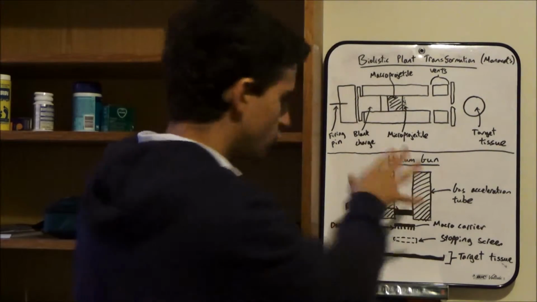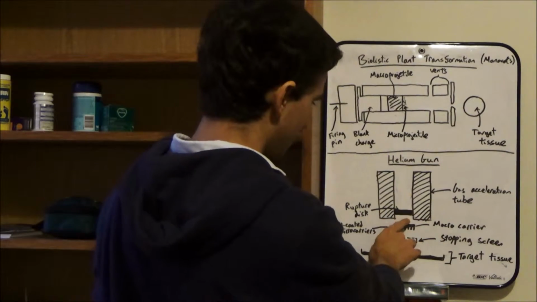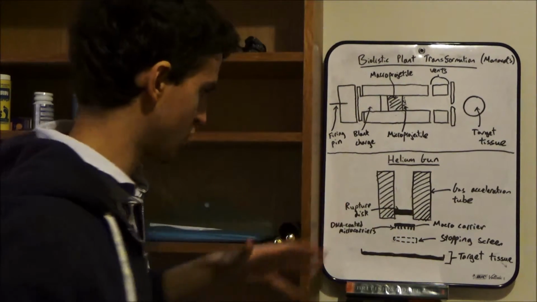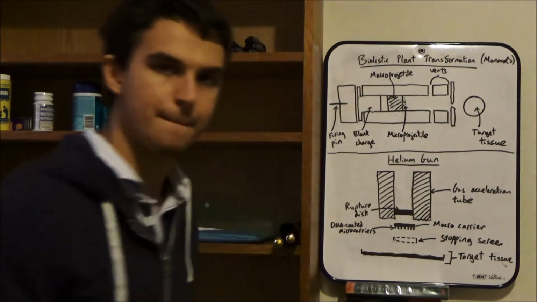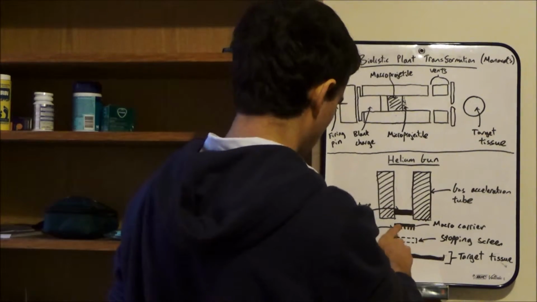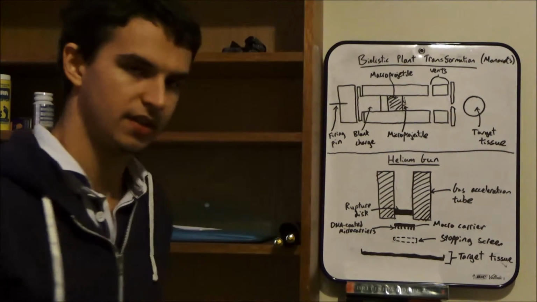And what you do, you increase the pressure of that helium, and that eventually breaks this rupture disc here because of the increased pressure. Now, below this rupture disc we have a macro carrier, and at the tips of this macro carrier we have, you guessed it, micro carriers.